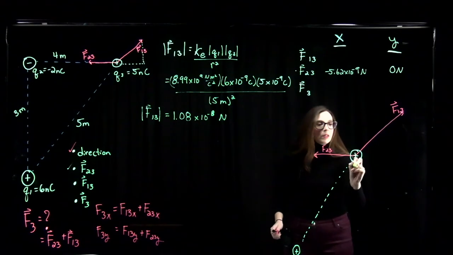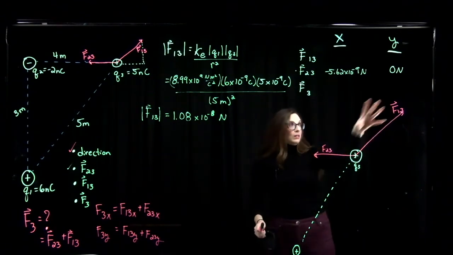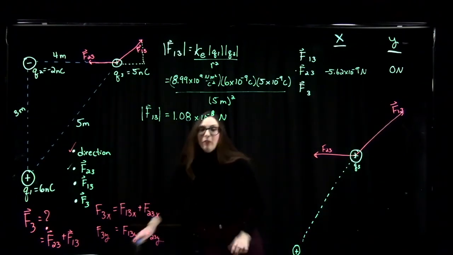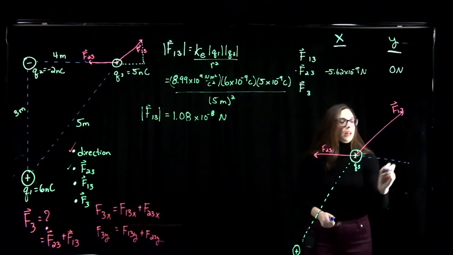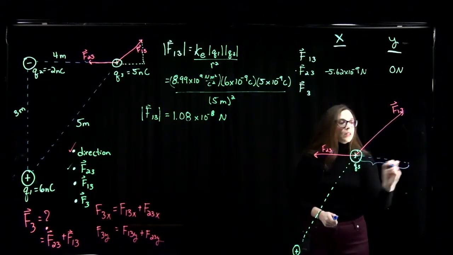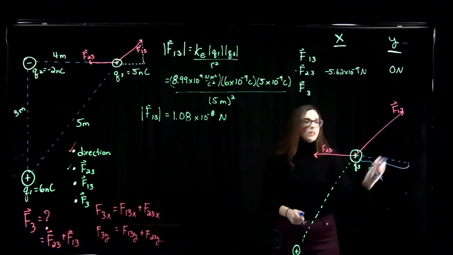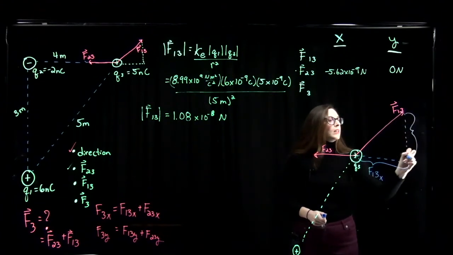This was Q3. And so my vector F13 is going to have an x component right here. This is F13x. And it's going to have a y component right here. This is F13y.